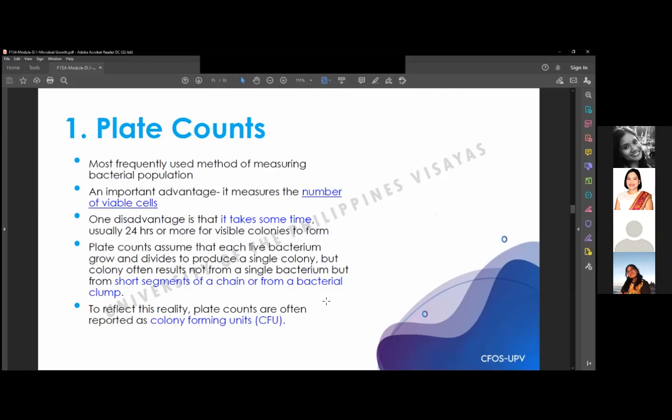Bakit viable cells lang ang ma-measure natin? Because of course, only the viable cells will show colonies doon sa ating Petri dish. The non-viable cells will not form colonies. Hindi sila mag-grow doon, okay? However, plate counting will take at least 24 hours for you to be able to see the colonies. Okay?